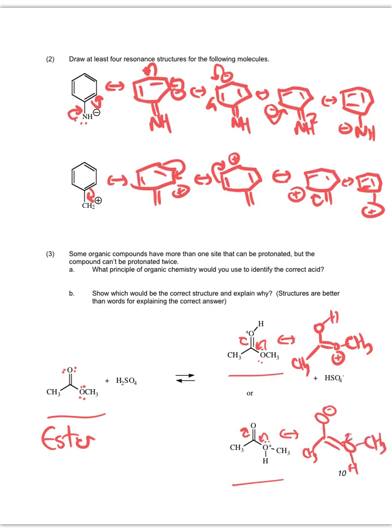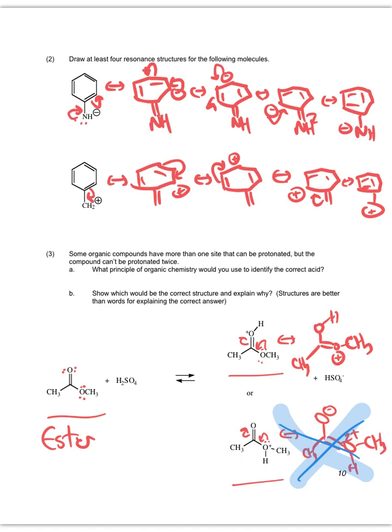So now this oxygen is a +2, and between these two resonance structures, the oxygen with the +2 is not going to happen because it's such a small atom. We can't get a +2 on it. So this will not happen because of the +2 charge required on that oxygen.